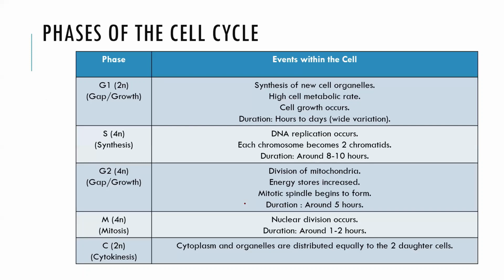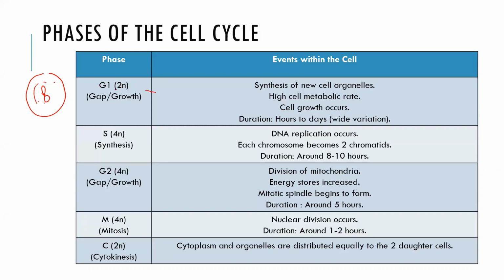So here we can see the phases of the cell cycle in a table. And these are already things that we discussed, right? So in G1 phase, we have the cell with the chromosomes which are not duplicated.